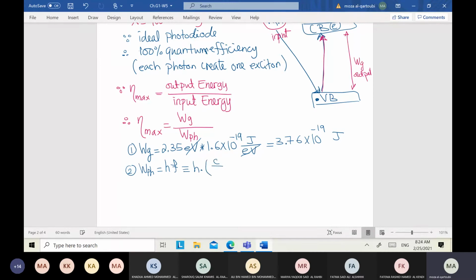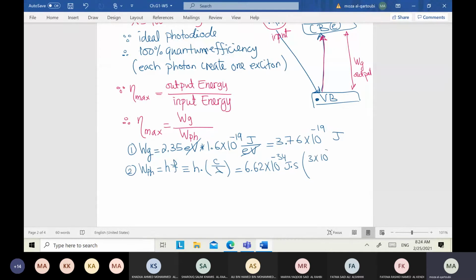H, Planck's constant, is 6.62 times 10 to the power minus 34 joule second, times C, the velocity of light, 3 times 10 to the power 8 meter per second, over lambda.